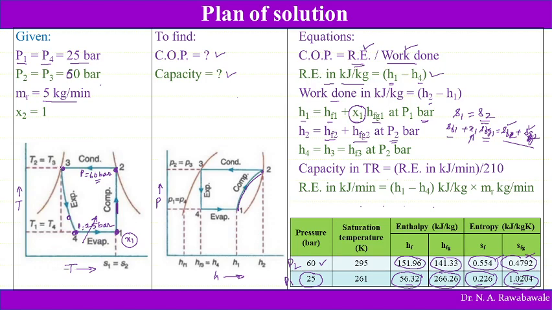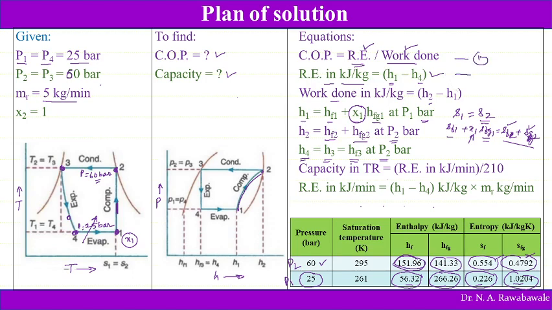Therefore H4 is equal to enthalpy at point 3, and enthalpy of liquid at point 3 is HF3 at pressure P2, that is at 60 bar. So this 151.96 itself is HF3.